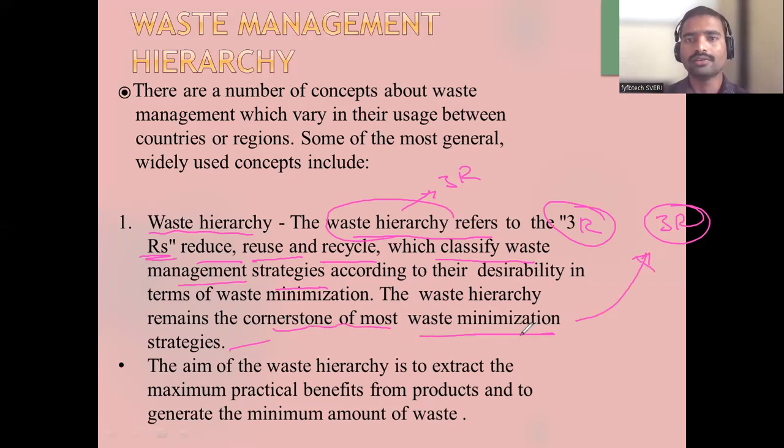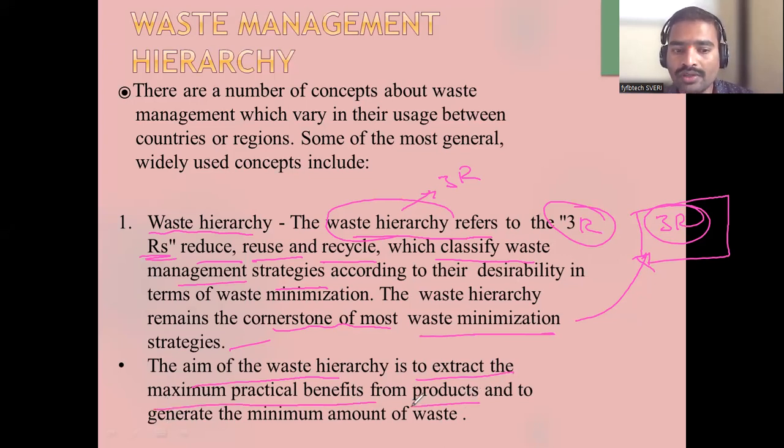In the viva, the oral exam, if anyone asks how you manage or minimize waste, you should tell the 3R system, and explain reduce, reuse, and recycle. The aim of the waste hierarchy is to extract the maximum practical benefit from the product and to generate the minimum amount of waste.